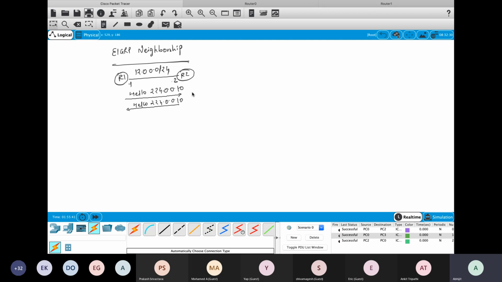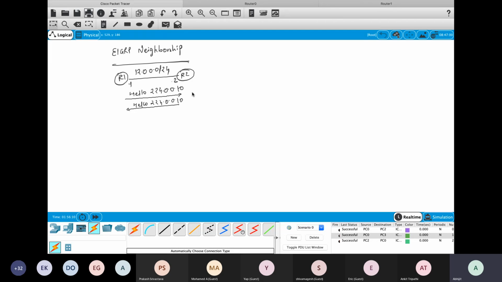Then I go into R2 and also configure EIGRP. As soon as I configure EIGRP, the router will start sending hello messages on a multicast address: hey there, is there anyone who has configured EIGRP? I would like to become neighbor with you. Is there anyone who would like to exchange routing information with me? I'm running EIGRP.